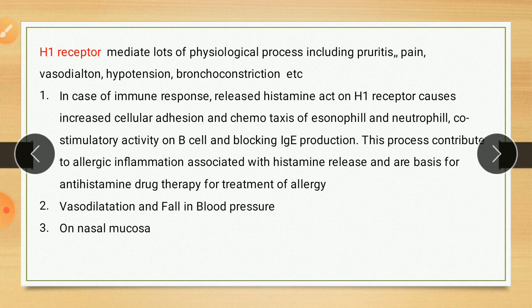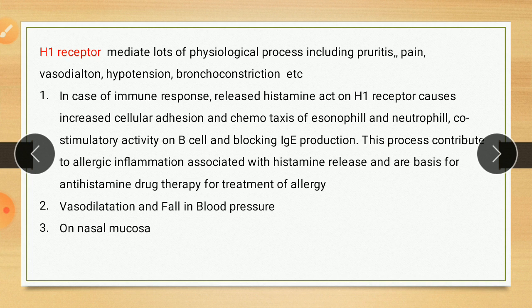Then the second physiological effect is vasodilation and fall in blood pressure. Histamine binds to endothelial cells, causing them to contract, thus increasing vascular leak. It also stimulates synthesis and release of various vascular smooth muscle cell relaxants such as nitric oxide, resulting in blood vessel dilation.